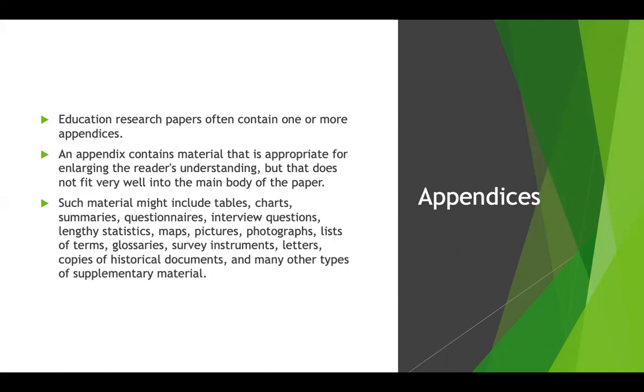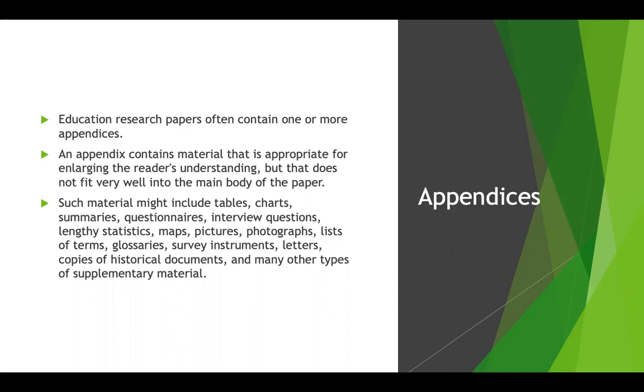An appendix contains material that is appropriate for enlarging the reader's understanding, but that does not fit very well into the main body of the paper. So all those things that you think will give the reader an in-depth understanding of the results, you can include in the appendix.